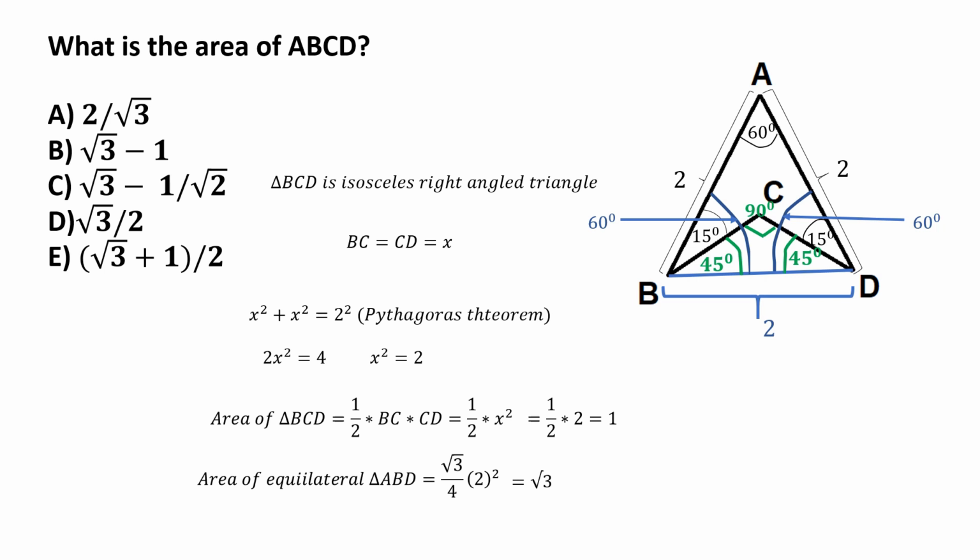Now we know the areas of these two triangles. We can easily find the area of the shape ABCD as the difference of the areas of triangle ABD and triangle BCD, and that comes to root 3 minus 1. So the correct option in this case will be option B, root 3 minus 1.